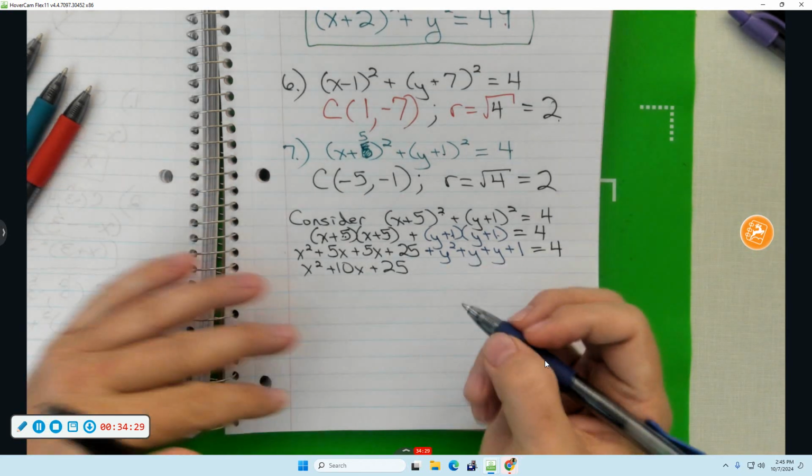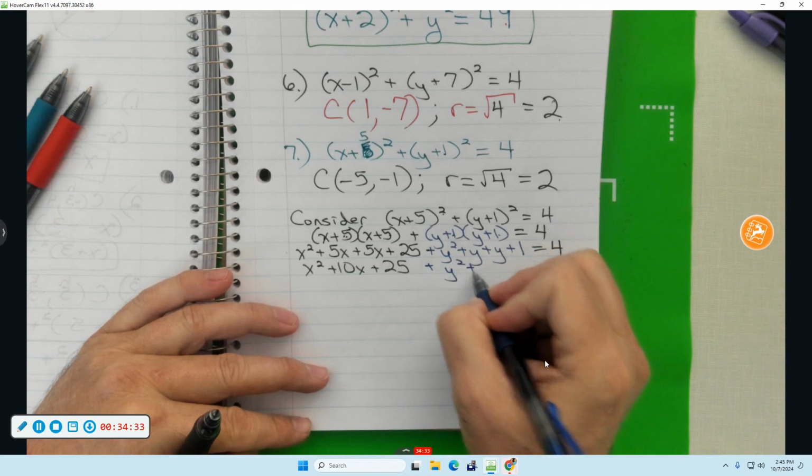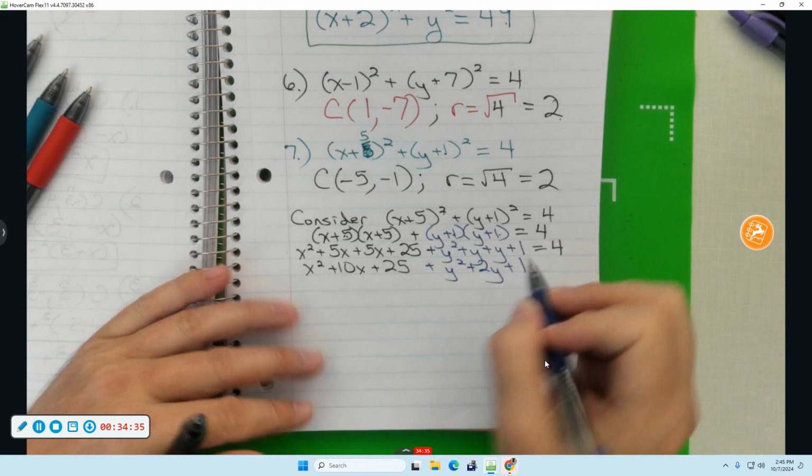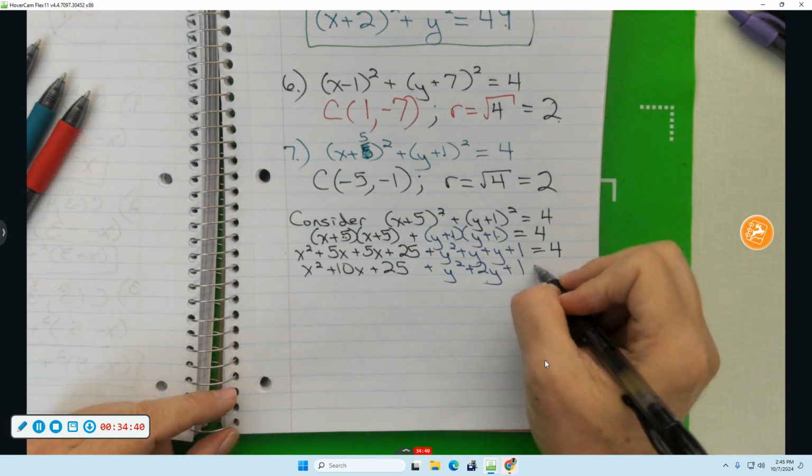We may as well clean up the y terms. That says what? We have a y squared plus a 2y plus 1. 1y plus 1y gave me the 2y.